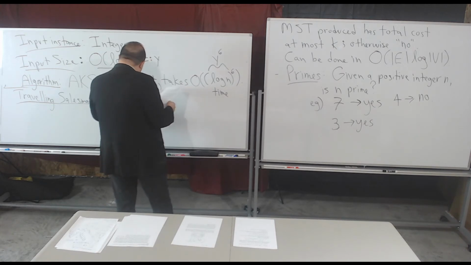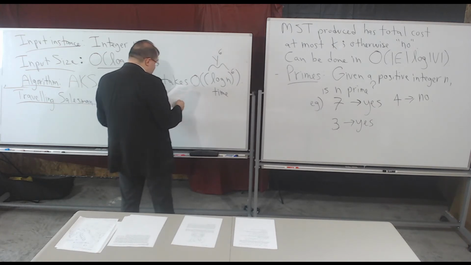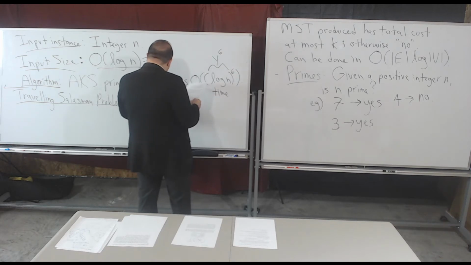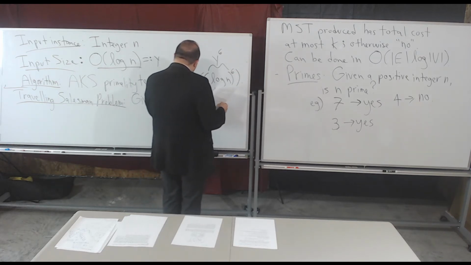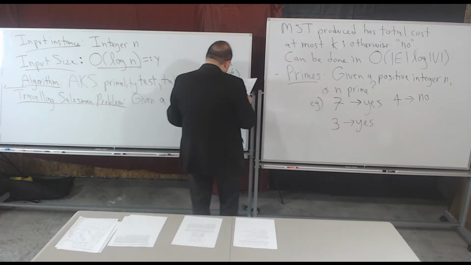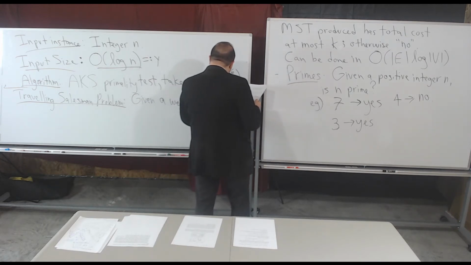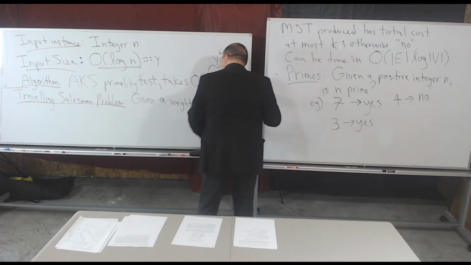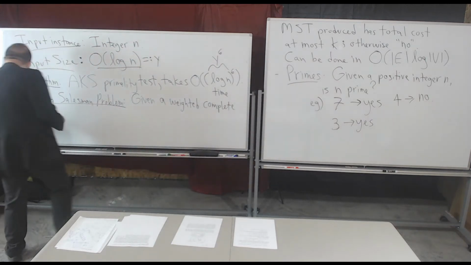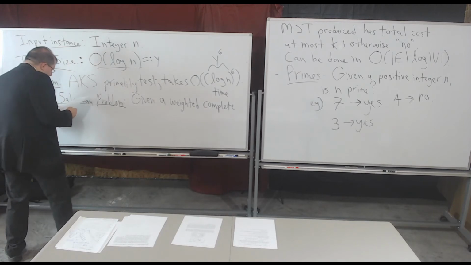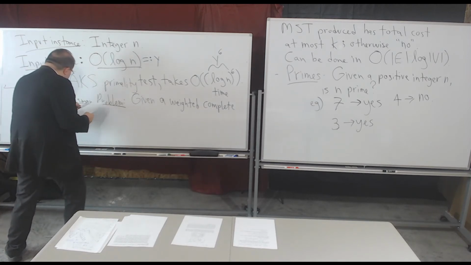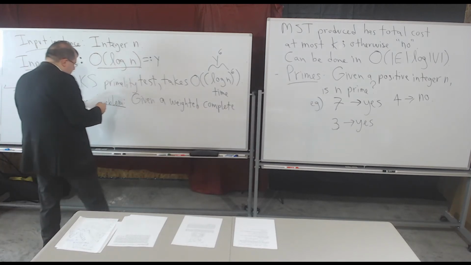I'm going to be given, remember, I'm just going to assume it's still a simple graph, a weighted complete graph G equal to (V, E), like I had for MST.